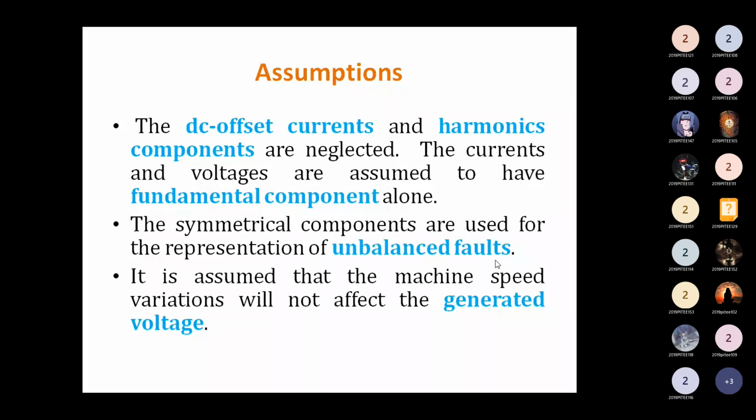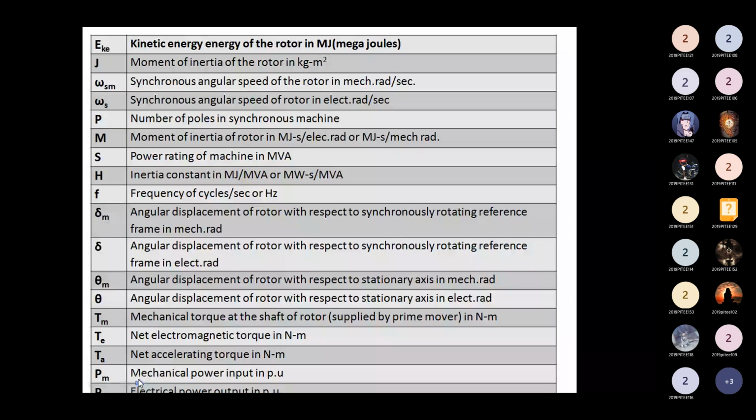These are all the terminologies involved in the equation. We have EKE, the kinetic energy of the rotor, with units displayed. J is the moment of inertia. Omega S is the synchronous angular speed; omega SM means mechanical and omega S means electrical.